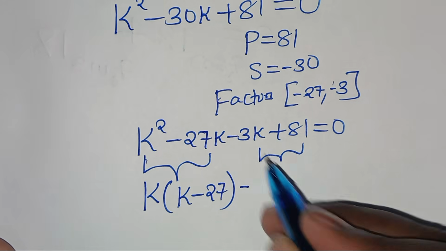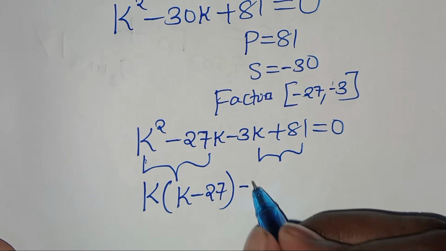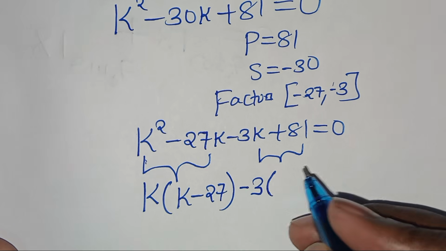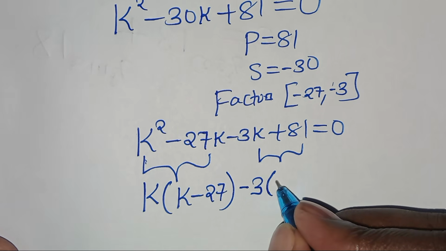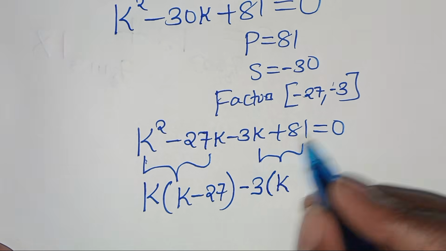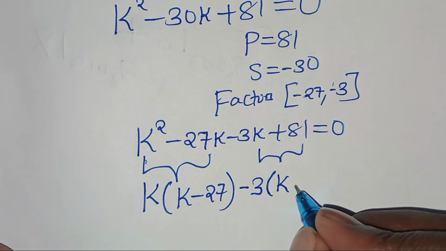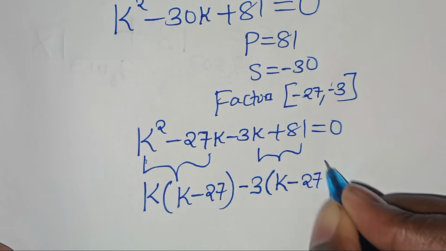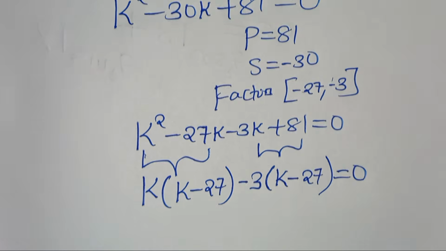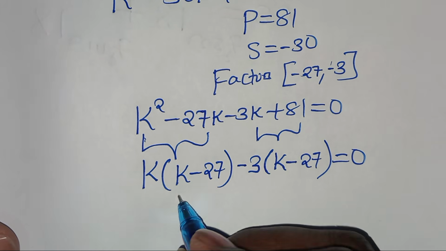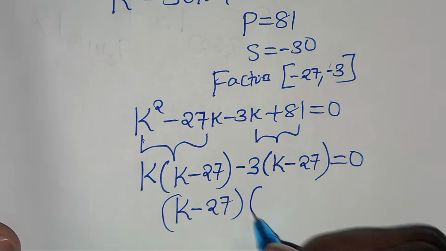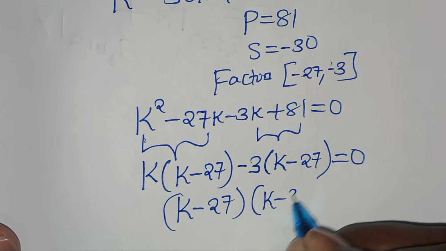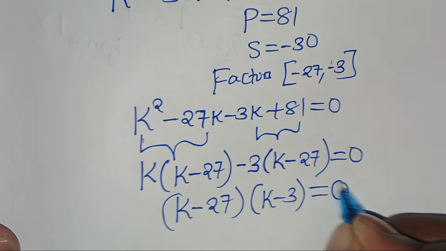Then for the second part, negative 3 is common, so we factor out negative 3: negative 3k divided by negative 3 is k, then plus 81 divided by negative 3 is negative 27, and this is equal to 0. So k minus 27 is common, so we factor out k minus 27. Then here we have k minus 3, equal to 0.